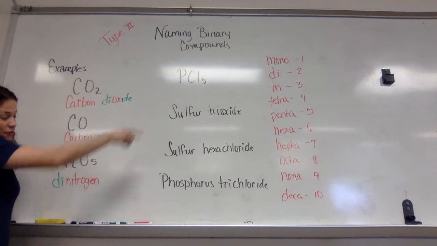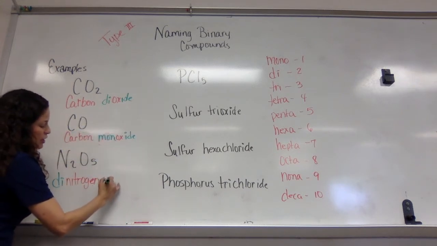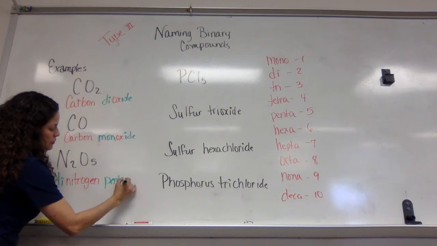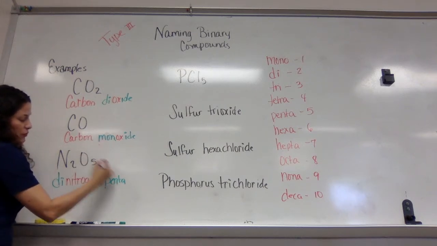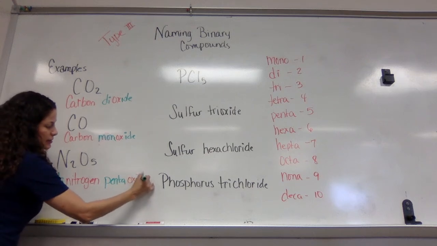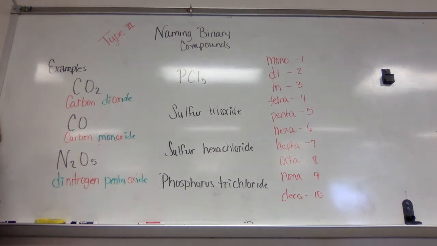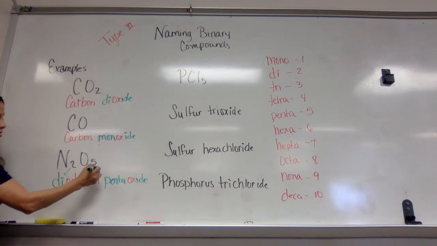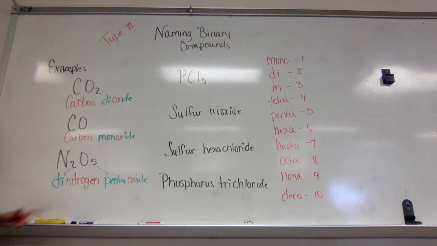And then I look at 5, which is penta. So dinitrogen, penta, which represents 5. And I have the root for oxygen, which is ox, and then the ending IDE. And there's his name: dinitrogen pentaoxide. So I have 2, I have 5. That's how you do those.